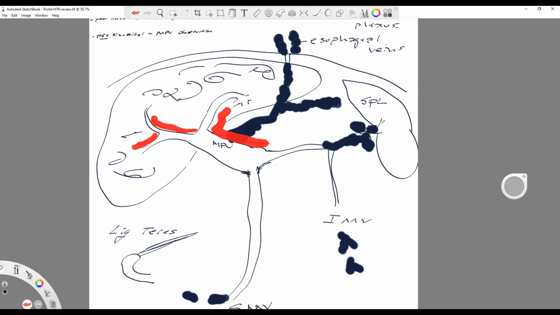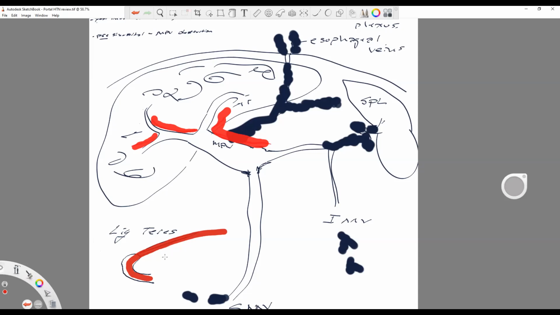Now, if you're looking at that ligamentum teres in such a way that you see flow going up the left portal vein and out all the way down to the belly button, that's a decompression. That is a patent ligamentum teres.